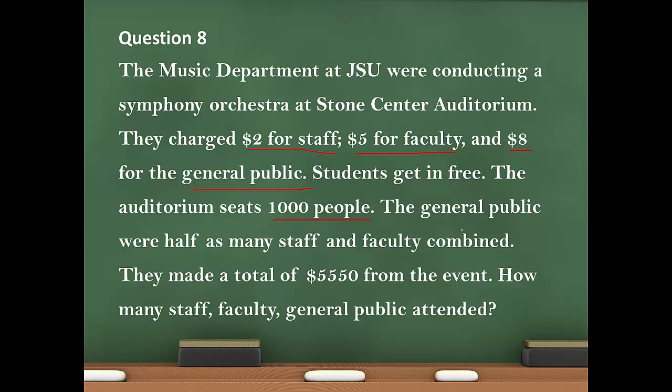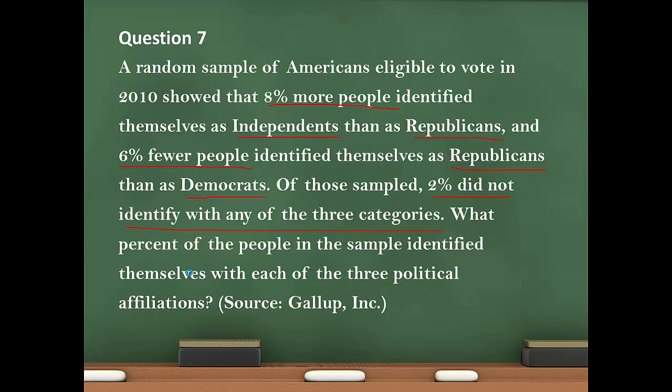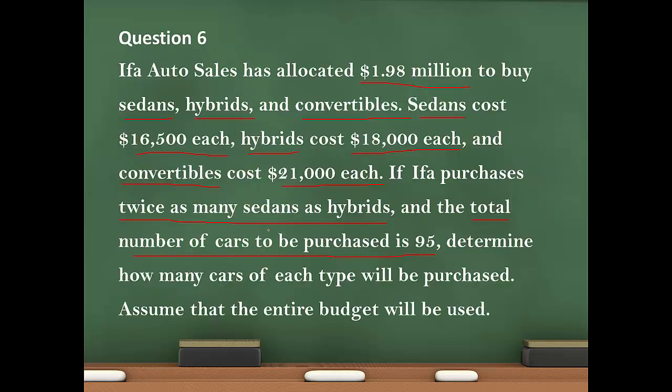Now, it also says here, general public is half as many as staff and faculty combined. Remember in this one, twice as many. Do you see what this was? Twice as many, and we did that sedans was 2 times H. You see that?